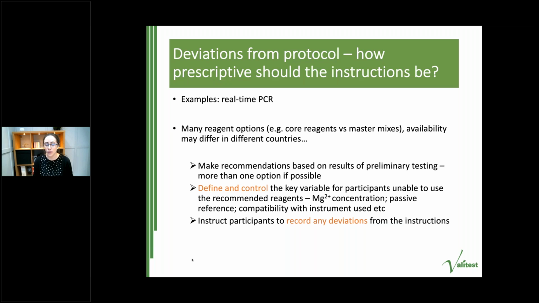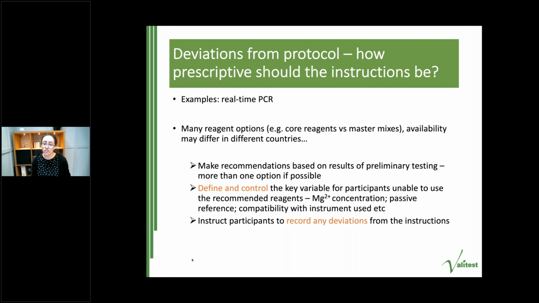Another example in real-time PCR might be the use of a passive reference. So you might want to tell your participants, if you choose to use a polymerase which is mostly intended for conventional PCR, make sure you add in a passive reference to use it for real-time PCR.